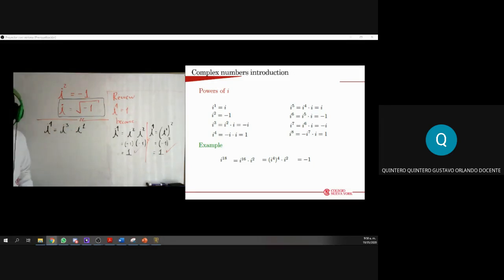All we have to do is go back in our table and find the values of i to the 3 and i to the 1. i to the 1 is absolutely easy. That is just i. Every number elevated to the 1 is the same number. But how much is i to the 3? According to our table, it is -i. So what we have here is -i times i.